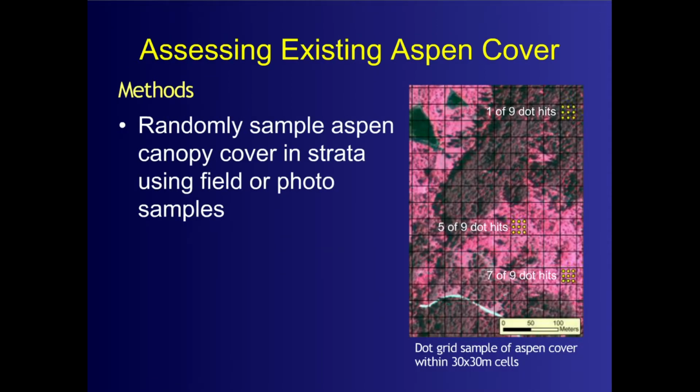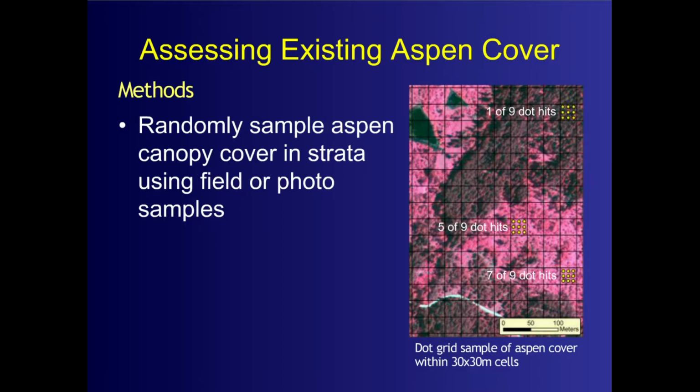I'm not going to go into the details of how we did that classification, but just consider it was a stratified map of aspen cover. We then went into each of those strata and did a photo interpreted sample of each of the strata using digital dot grids.